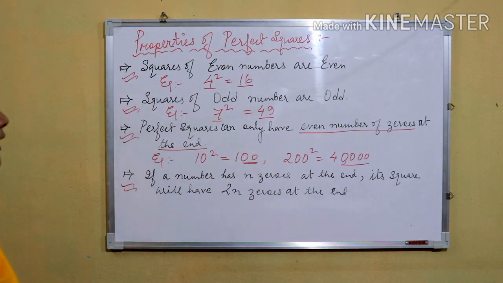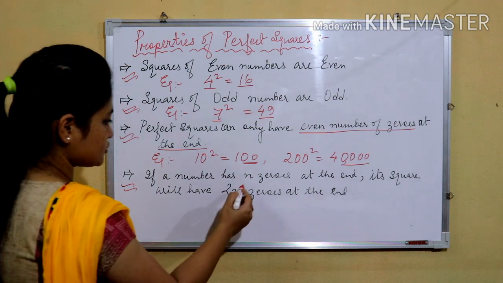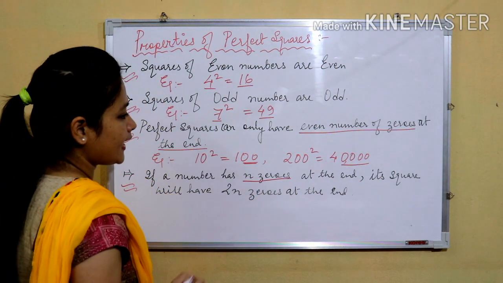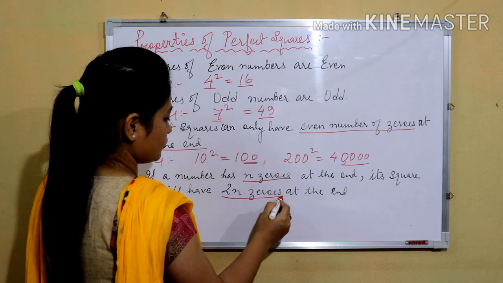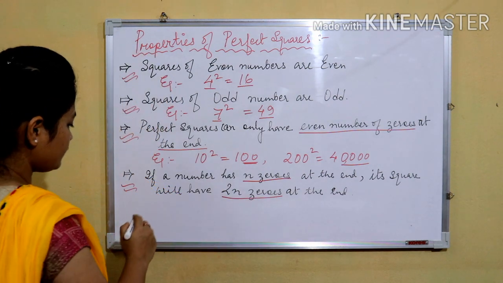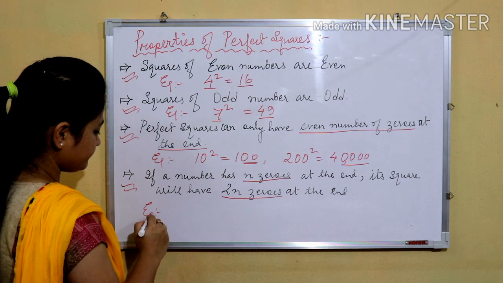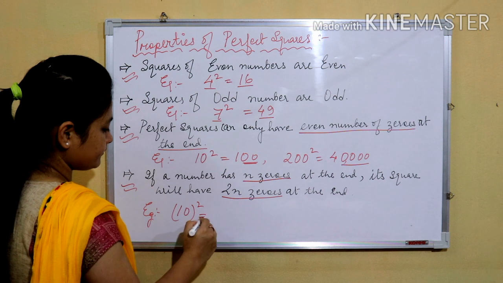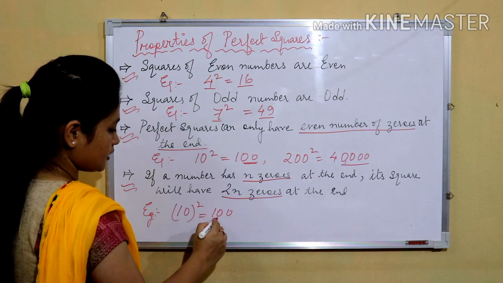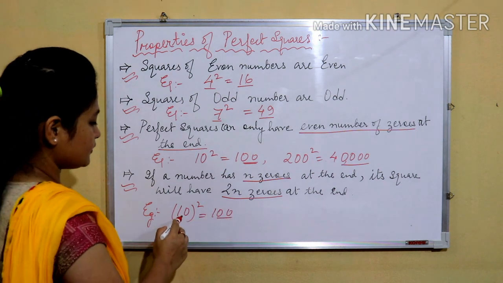The next one, if a number has n zeros at the end, its square will have 2n zeros. For example, 10 square is 100.